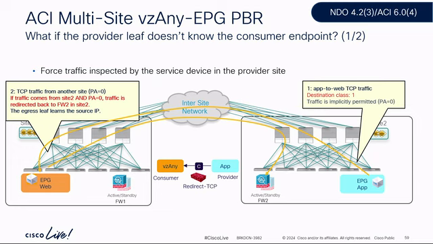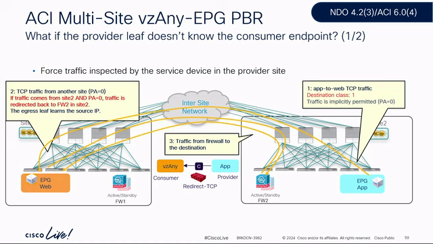So the destination leaf redirects traffic back to the firewall in site 2. That is the source site firewall. And then after that, the firewall sends traffic back and then it goes to the destination. So this is how we can recover in case the ingress provider leaf cannot apply policy.